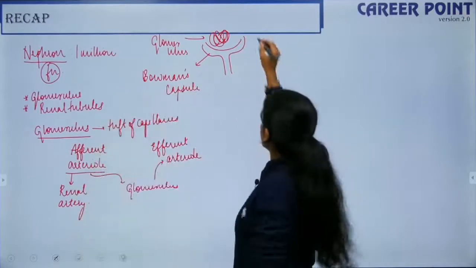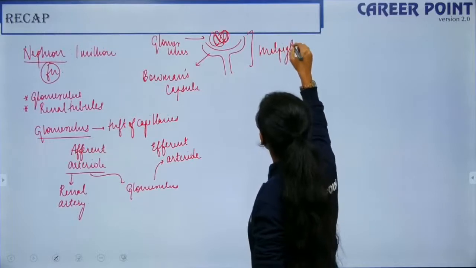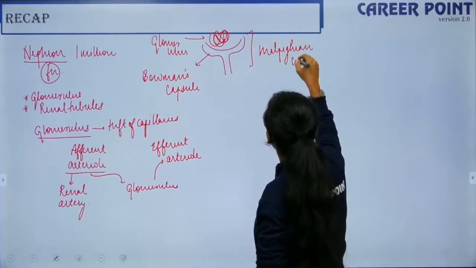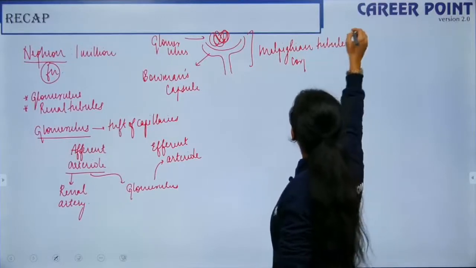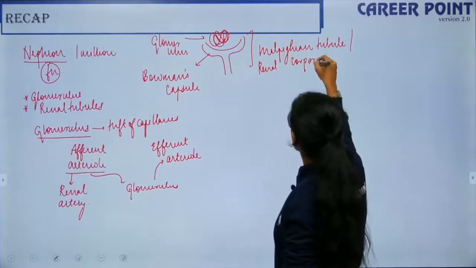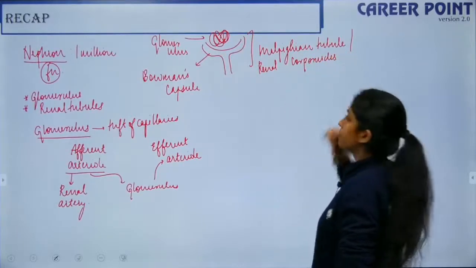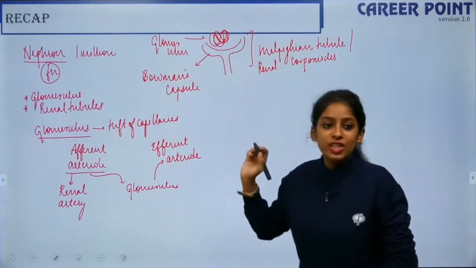Together it is known as your Malpighian corpuscles, or it is known as your renal corpuscles. Right? From here, your renal tubules begin.